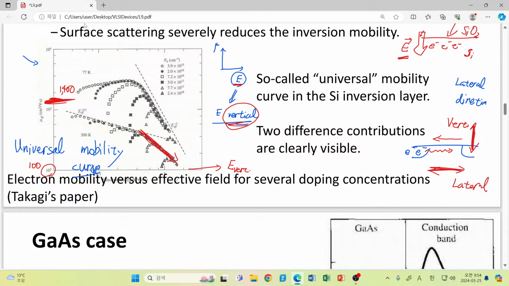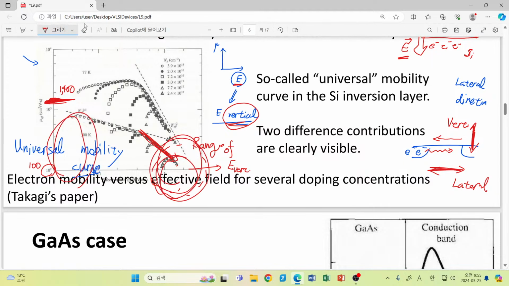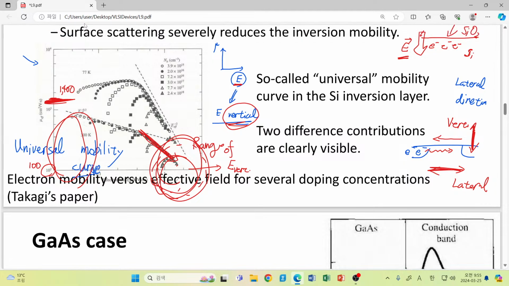Unfortunately, this is the actual range of our application. We are using our device not in this range but in this range, so we have to be careful about the real mobility which is achievable from our realistic device.